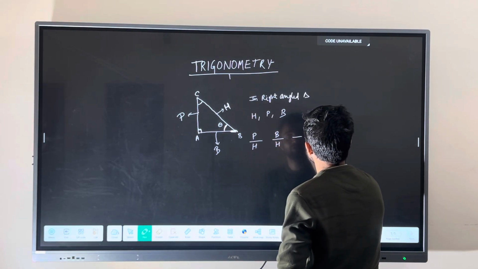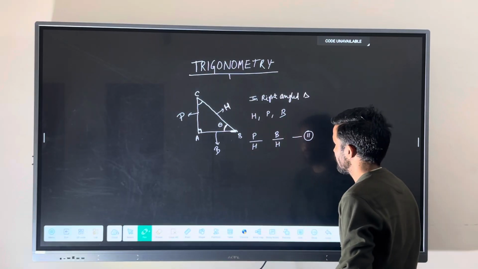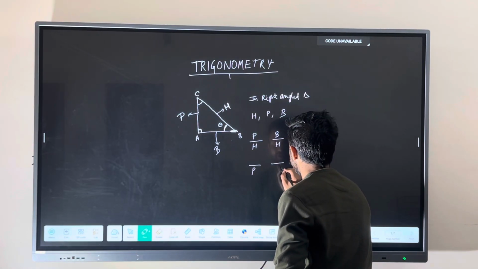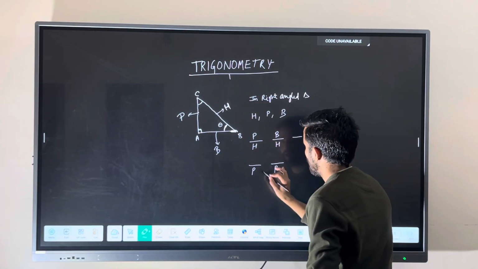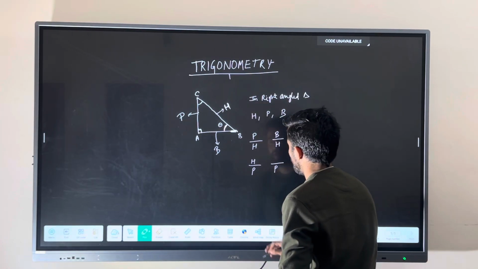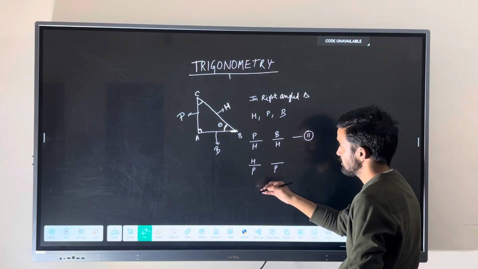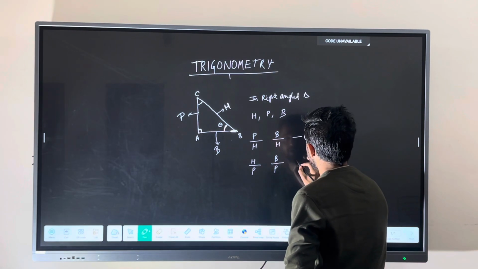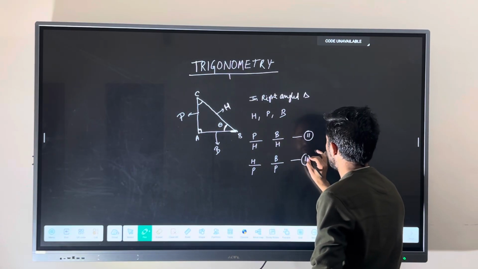So I got two ratios from here. If I take perpendicular as the denominator, I can put hypotenuse here, so I am left with base.